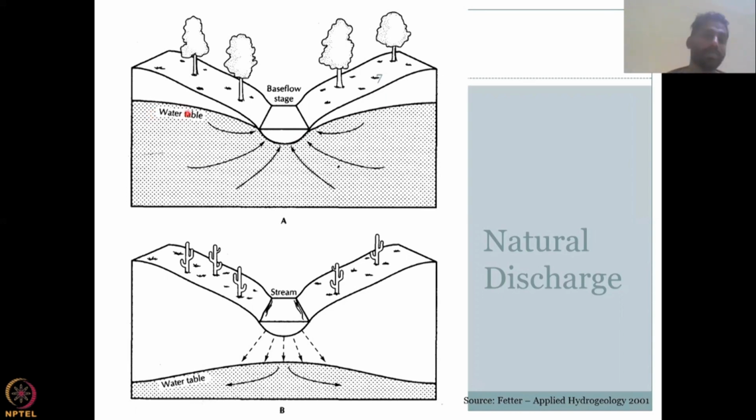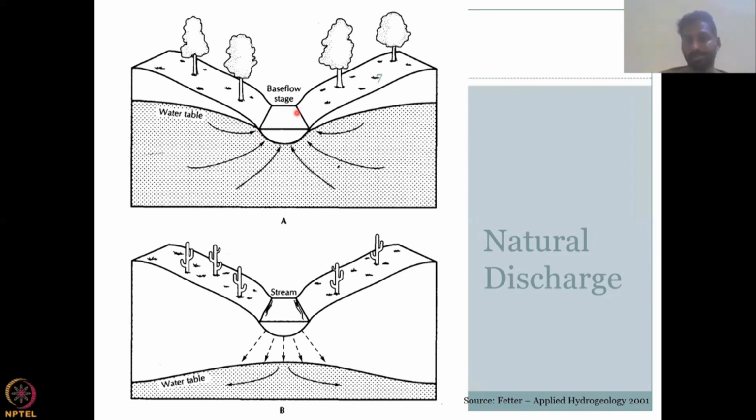In this kind of situation, your water table normally would supply water from the groundwater into the stream, and that is what you see when you go to a river or a stream network: the stream is at the lower elevation, with mountains and ridges around, and water flows. So the water would be contributing to the stream, and that is natural discharge, which means water comes from your groundwater into the stream.